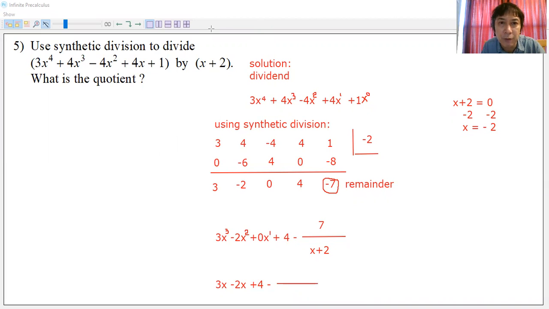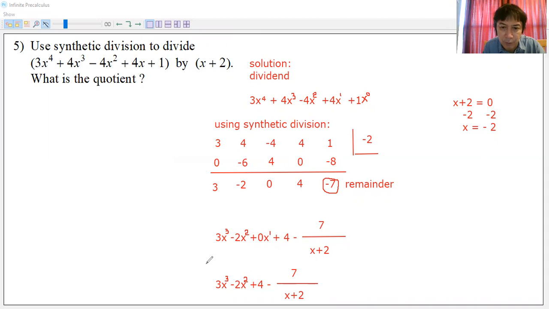So we have here x plus 2 at the denominator, and of course the 7 at the numerator there. And of course our exponents, this will be cubed, and this will be squared there. And this is our final answer.